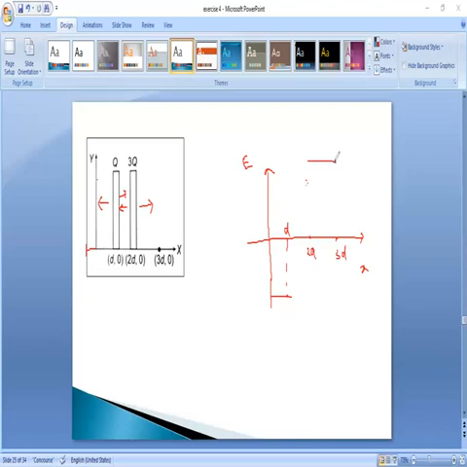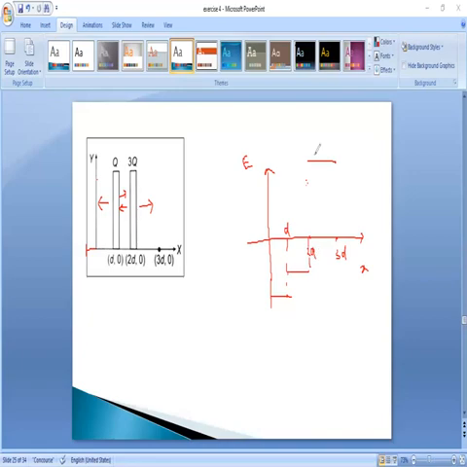And in between these two, see here, what is the value? This is Q by epsilon naught. This is 3Q by epsilon naught. It will be in the negative direction only. So from D to 2D also it will be negative.